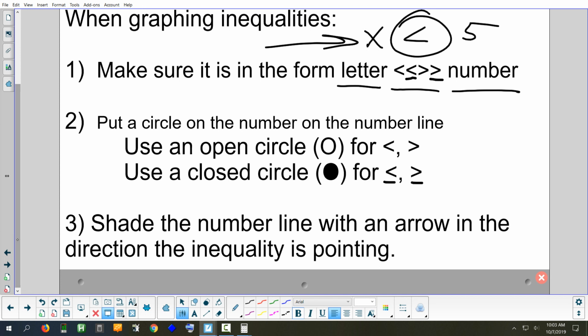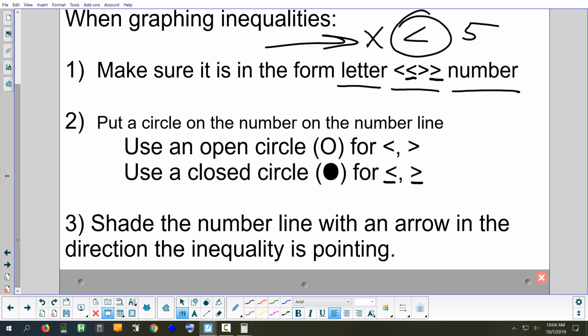So step 3, you might have to go on to the next line too. You want to shade the number line. Basically you're going to shade it and you're going to do an arrow. Some teachers say they want you to shade always above the number line. I don't care if you shade above the number line or on it. I usually just shade right on, but if you shade above it, that's okay too.